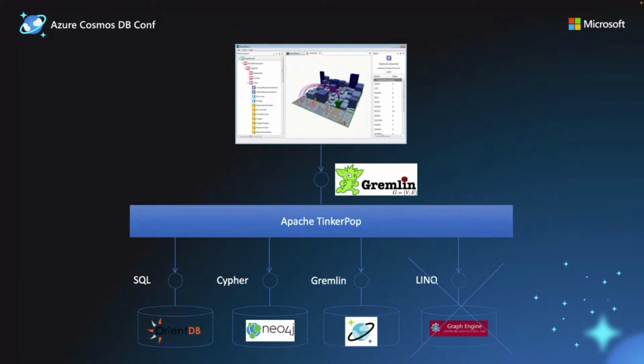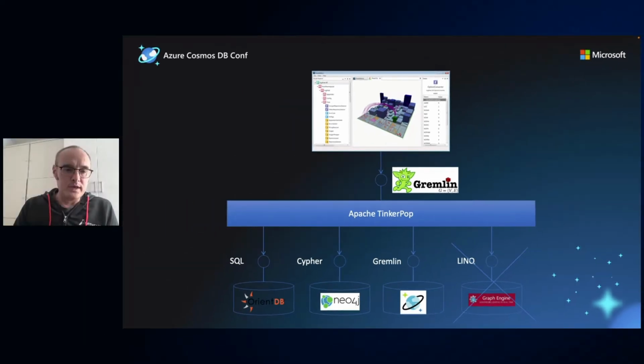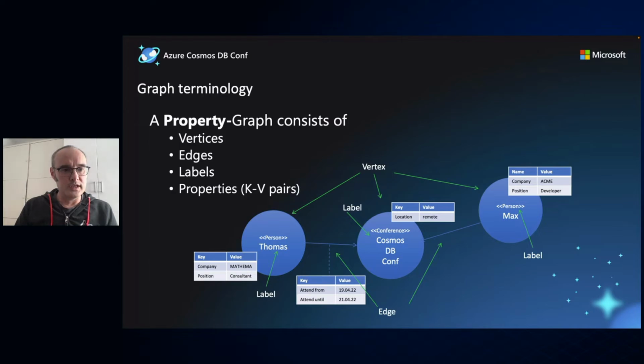Okay, before we really jump into Gremlin, I will give you some terminology which is usually used in graph databases. We usually have a so-called property graph, and that is also supported by Cosmos DB. In a property graph, we have vertex and vertices, like the three ones shown here in this example.